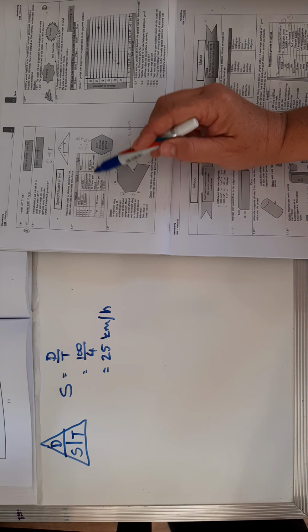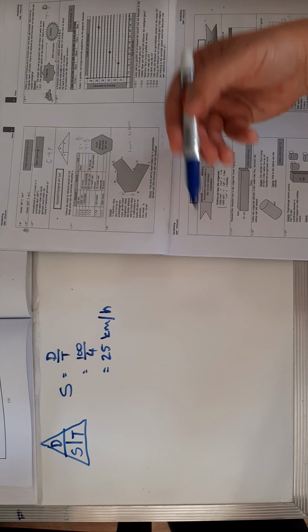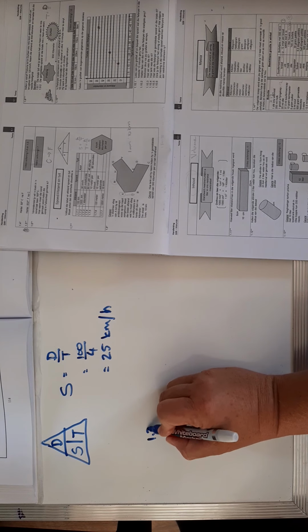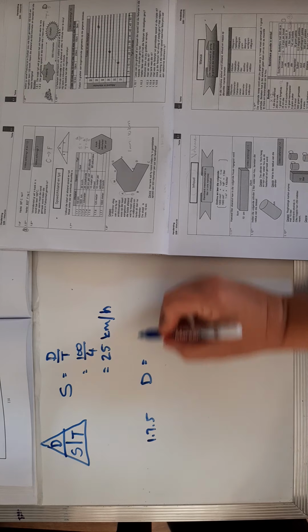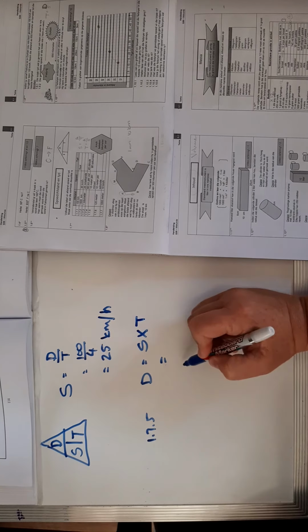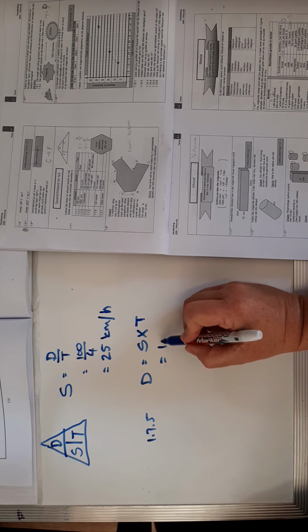In that case, you must make them the same. So 90 seconds will be how many minutes? 1.5. So let's just check 1.7.5 for you. There we have to determine distance, which is speed times time. I've got my speed, it's 10 meters per minute, so I can put my 10 there.